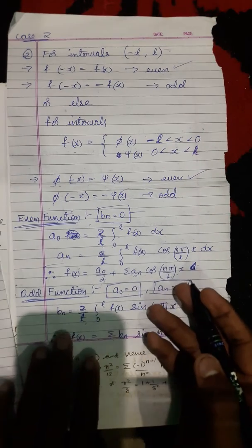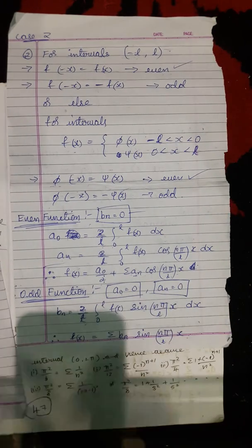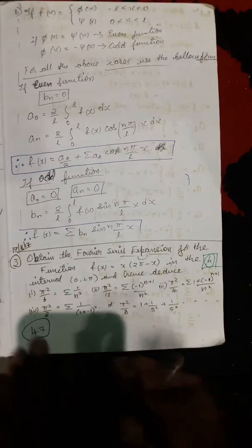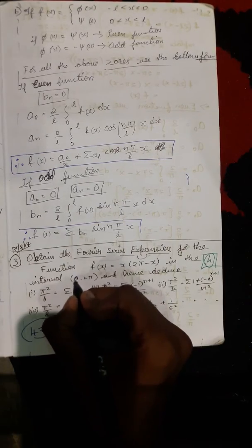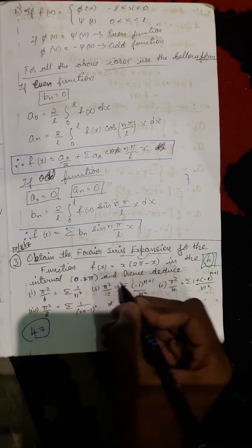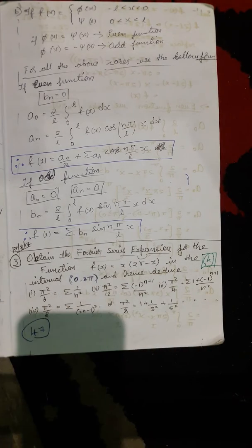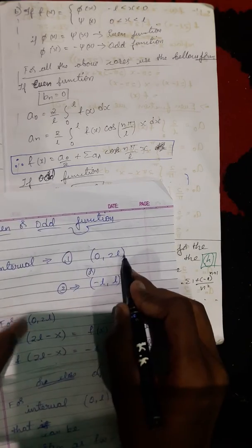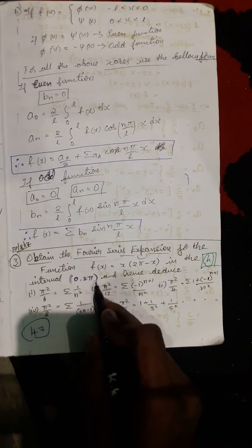So that's how we can find whether a function is odd or even. After finding that, let me show you an example. In this third problem, the limits are 0 to 2 pi, similar to case 1, that is 0 to 2l, that is 2 pi.